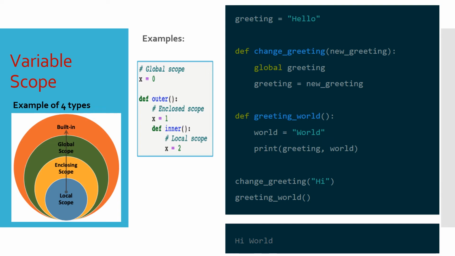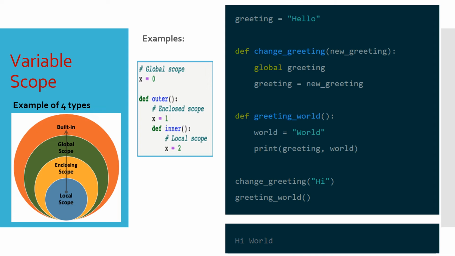If you print this again, the answer finally is hi world. If you had not written the last two statements, change_greeting hi and greeting_world, I'm pretty sure the answer would have been hello world. So if you are interested, you can write this program on your computer and try it out.